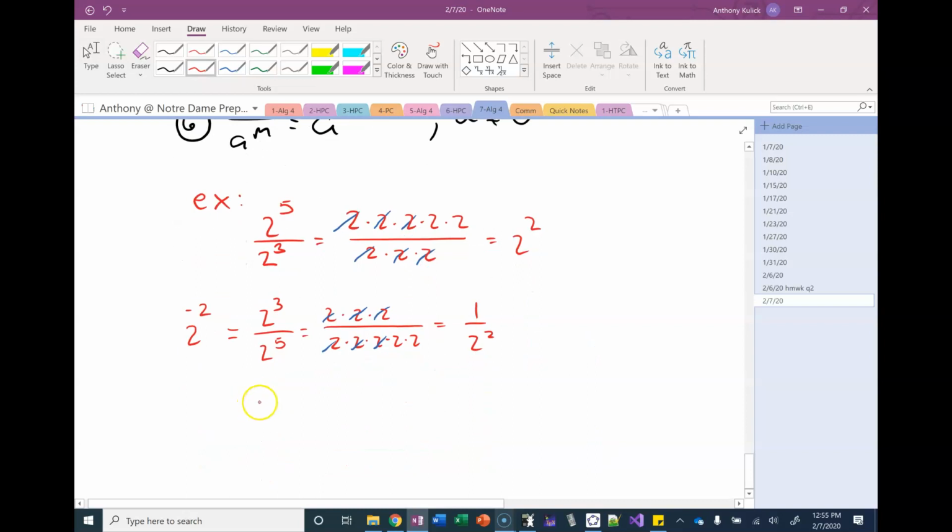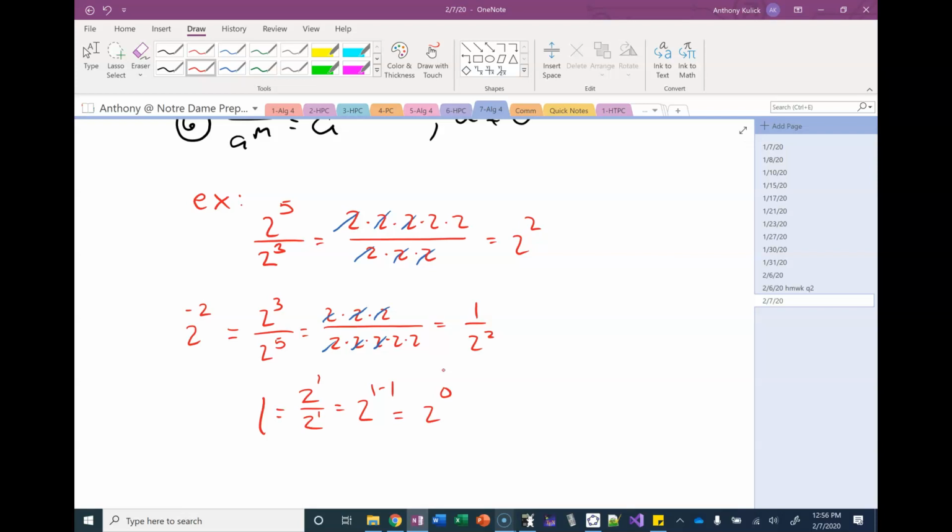And this example is for property 4. I know 1 is the same thing as 2 over 2, right? If I used property 6, that would be 2 to the 1 minus 1. And 1 minus 1 is 0. That's why anything to the 0 power other than 0 is 1, because it's basically just that number divided by itself.